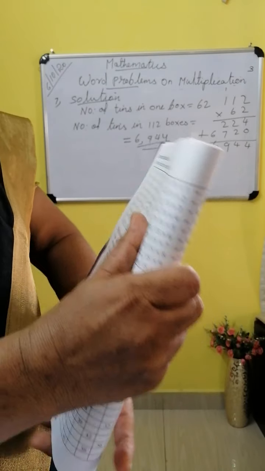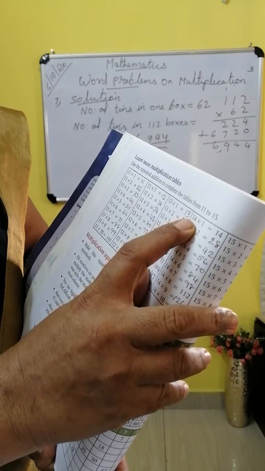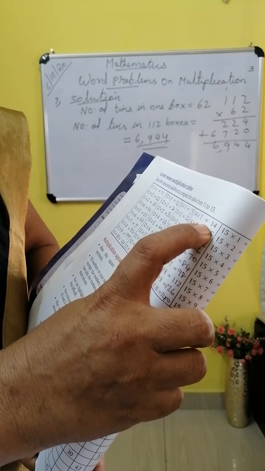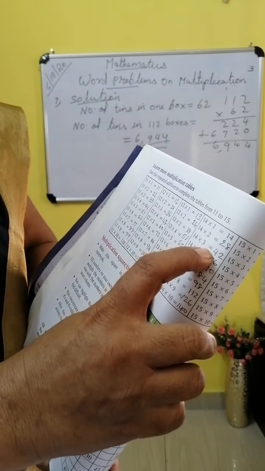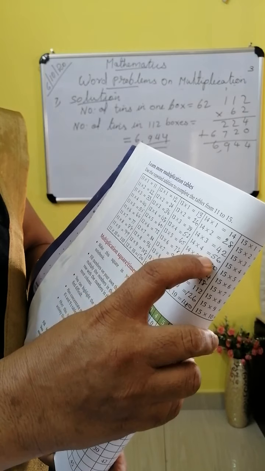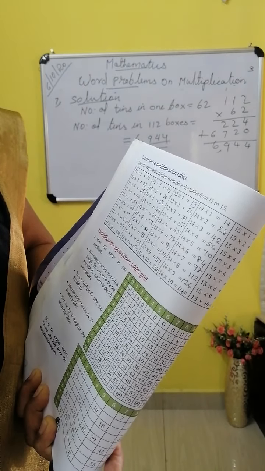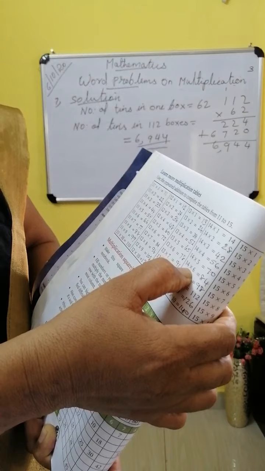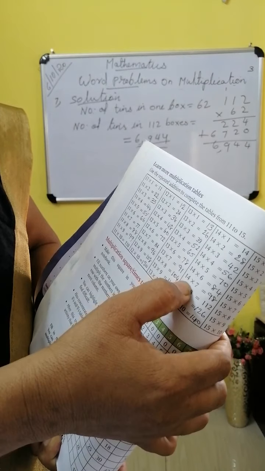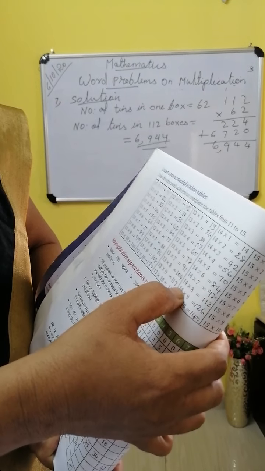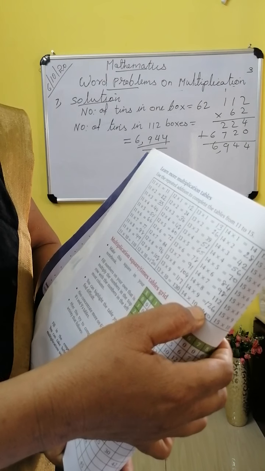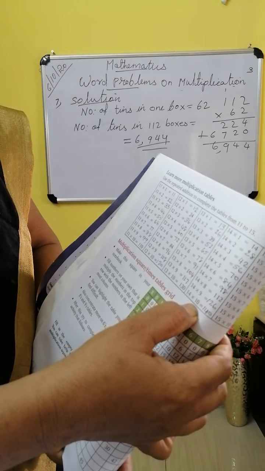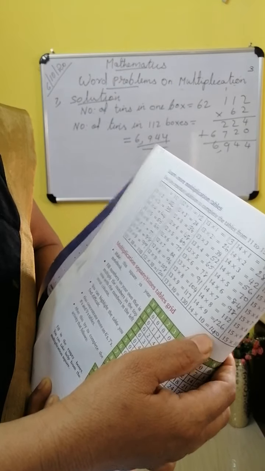Next number 14, table of 14. 14 ones are 14, 14 twos are 28, 14 threes are 42, 14 fours are 56, 14 fives are 70, 14 sixes are 84, 14 sevens are 98, 14 eights are 112, 14 nines are 126, 14 tens are 140.